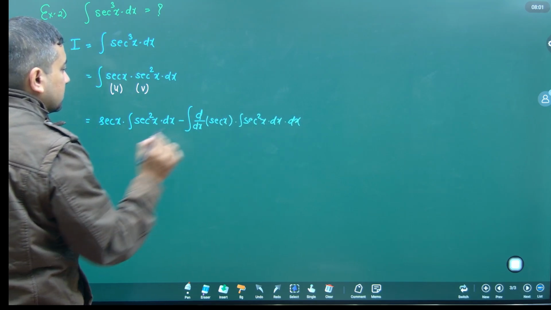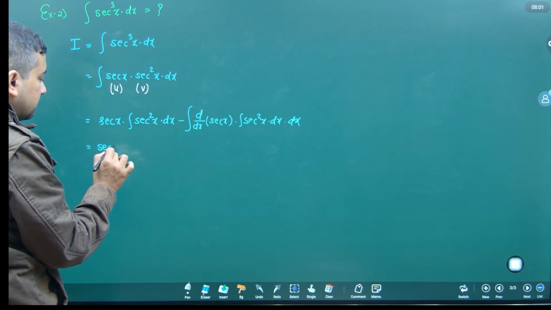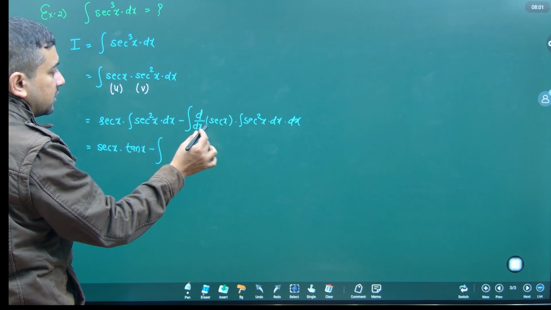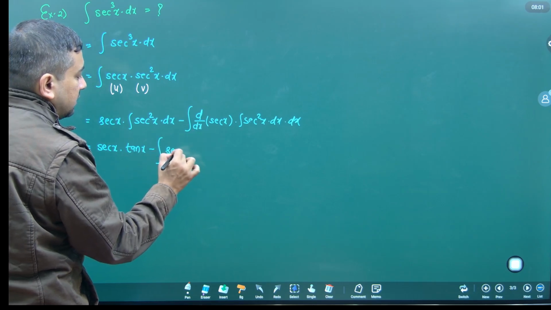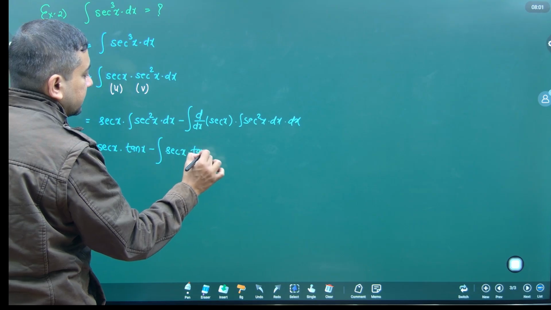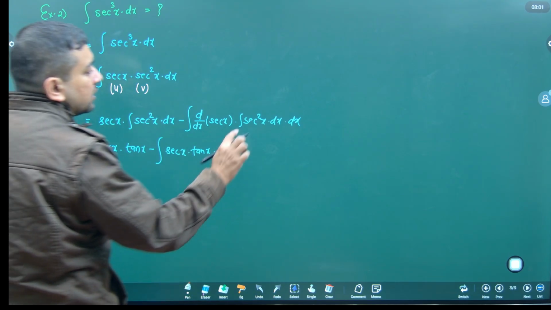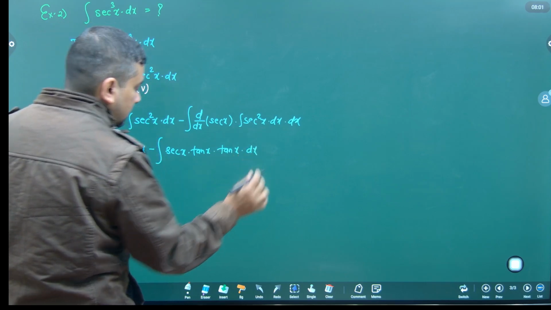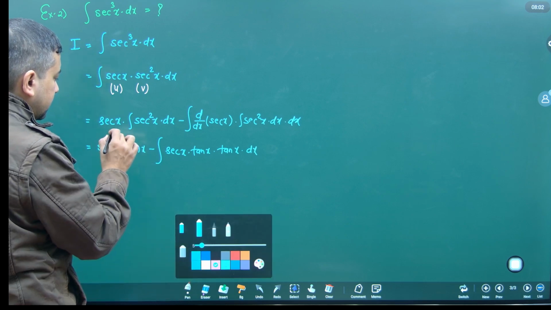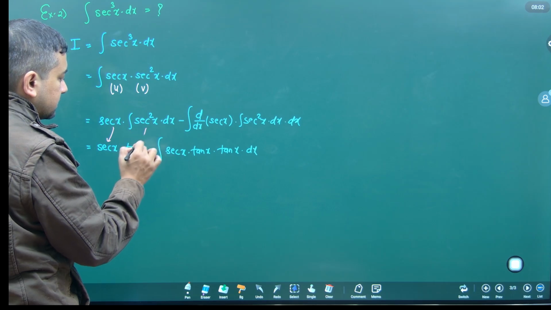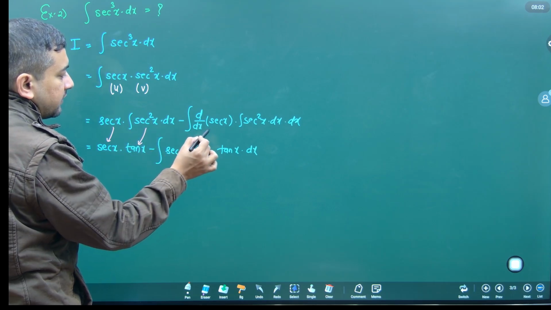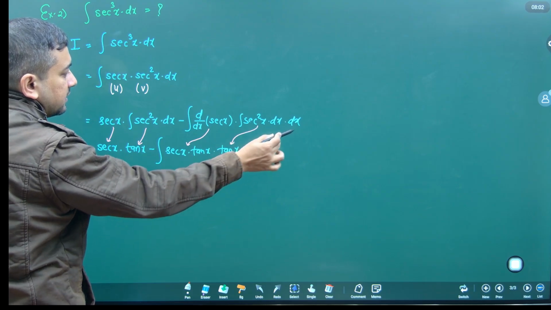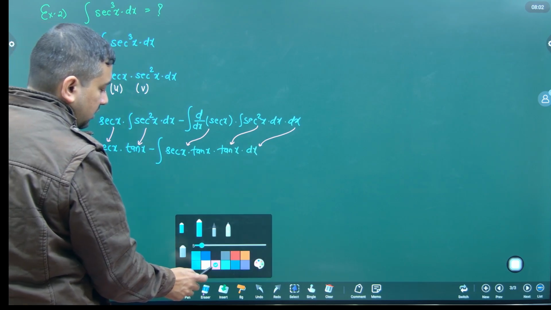So sec x into the integral of sec square x, which is tan x, minus integral of the derivative of sec x, sec x into tan x, into the integral of sec square x, which is tan x, dx. See here, sec x I have carried as it is. The integral of sec square x is tan x. The derivative of sec x is sec x tan x. And this dx as it is. Hope all the terms are clear.